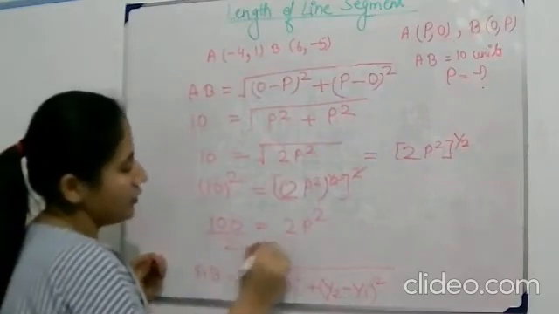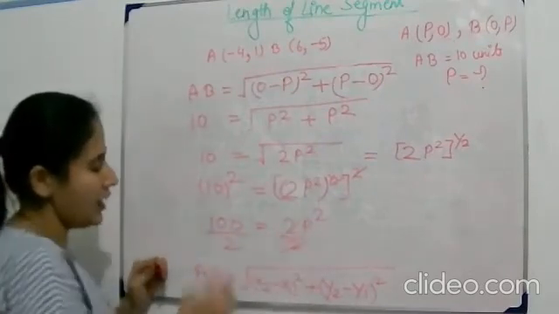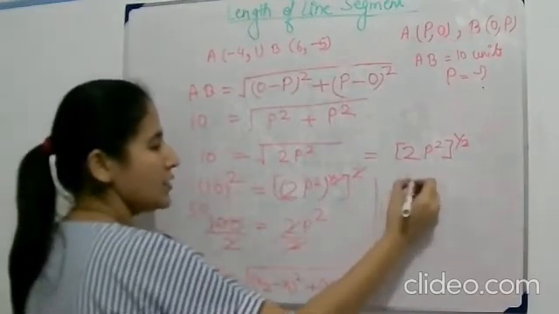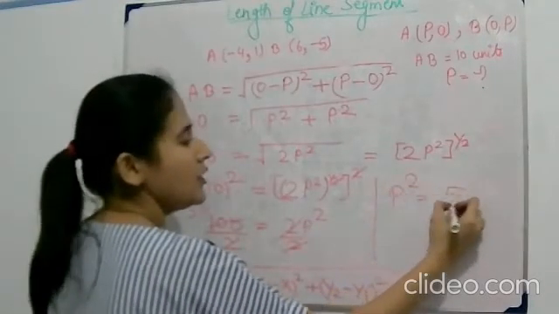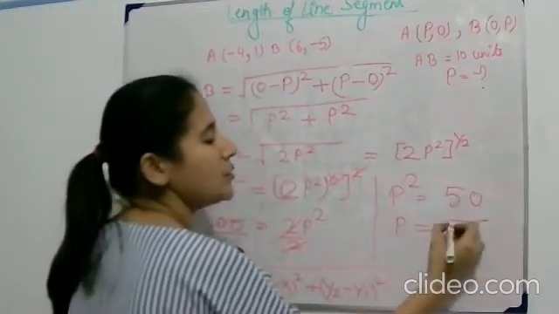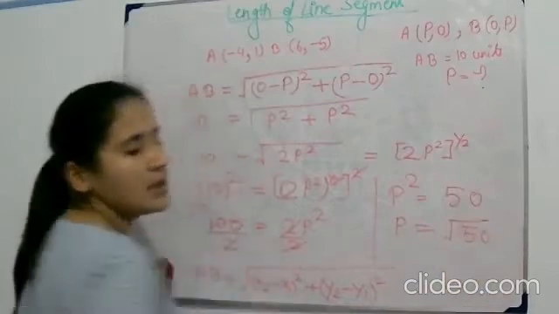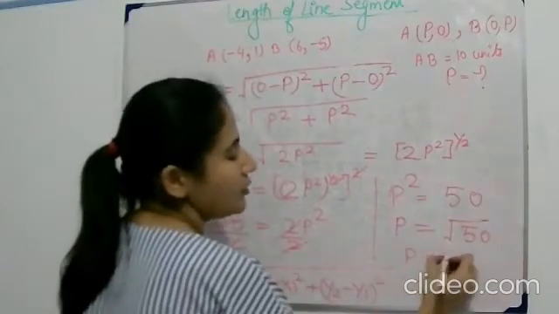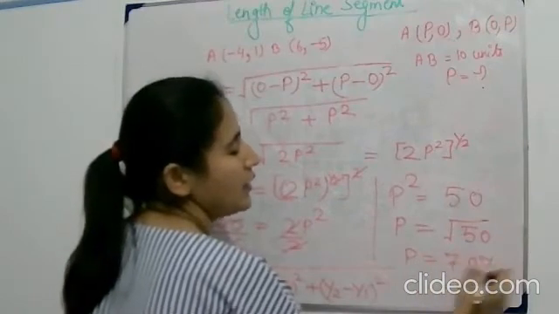Divide both sides by 2. Cancel out. It will be 50. So the value of p squared is equal to 50. Under root both sides, p will be equal to under root 50. Solve this. The answer will be p is equal to 7.07 units.